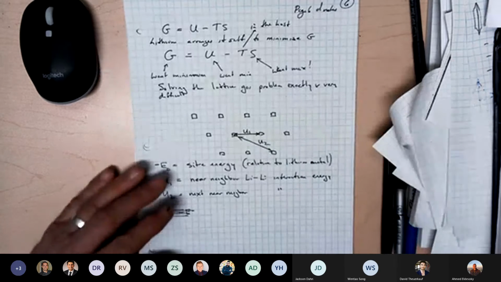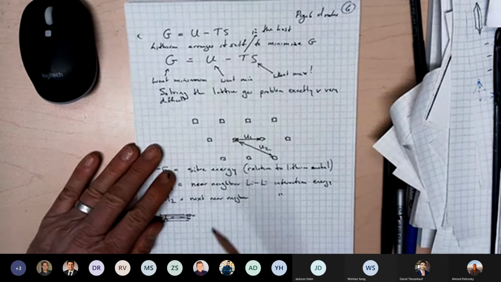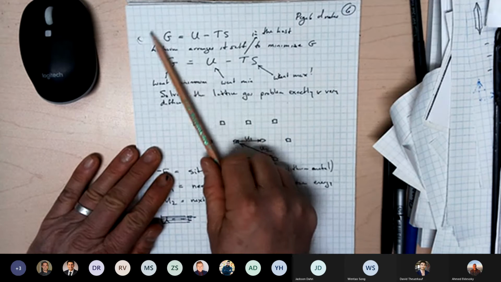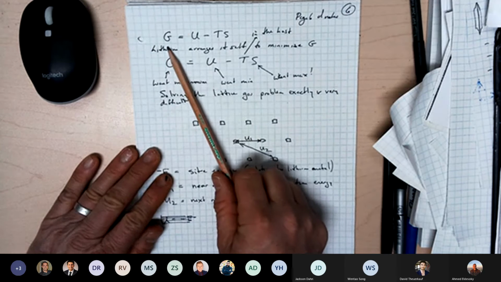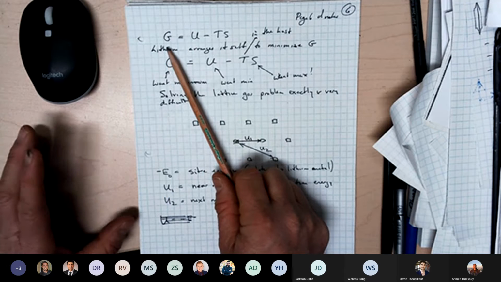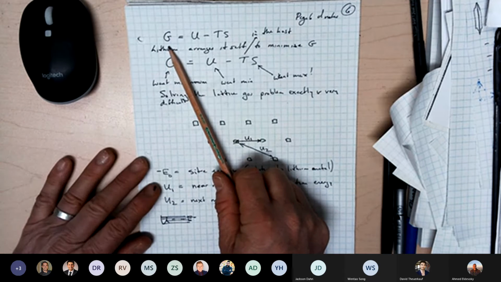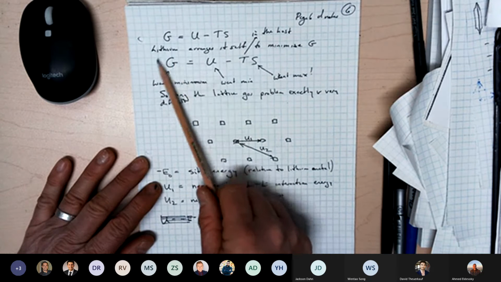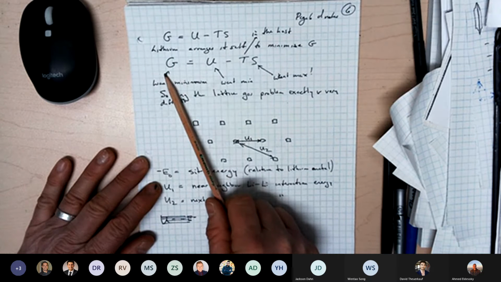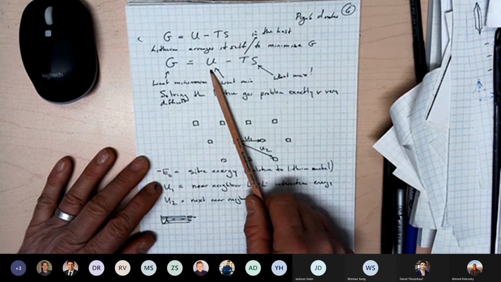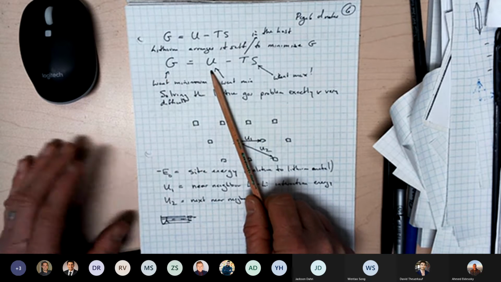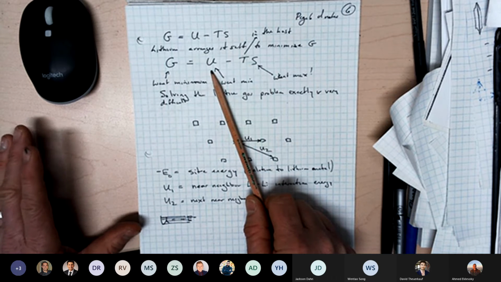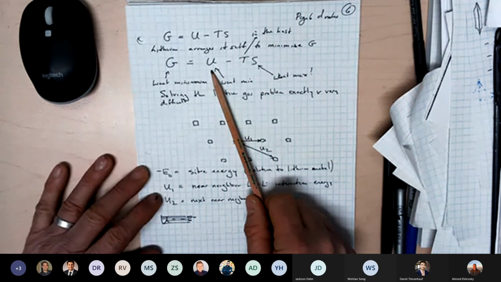So when we're trying to do the statistical physics of the lattice gas model and work out the free energy of the lattice gas, which is the arrangement of lithium atoms on the triangular lattice, we have to understand that G has to be a minimum. We want the internal energy to be a minimum, which means we want the lithium atoms to arrange themselves to minimize these interactions as much as possible.